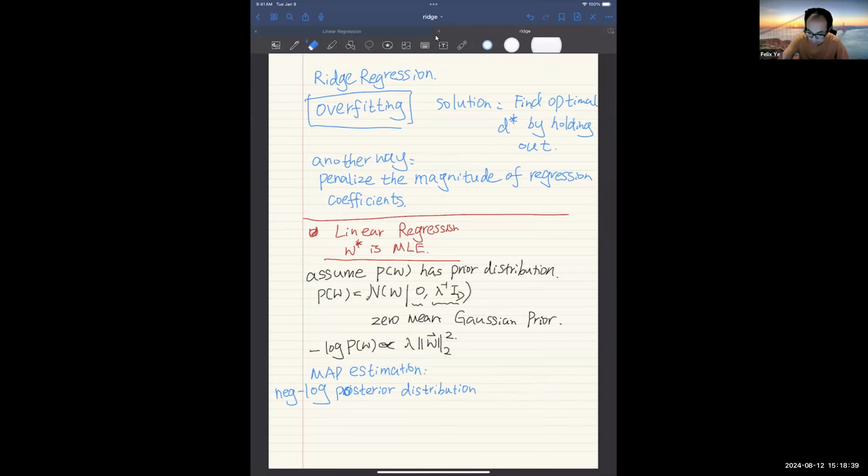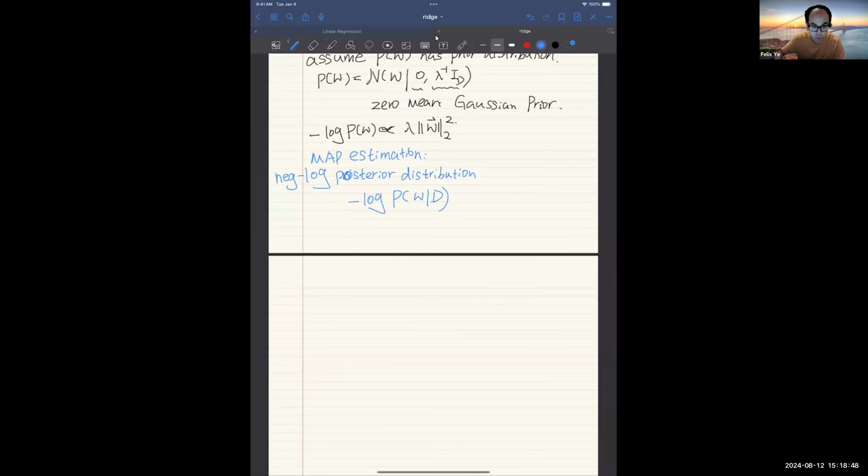This is proportional to the following, if you include the negative log likelihood and the negative log of the prior. It comes from the contribution of the negative log likelihood, plus lambda times the negative log of the prior.